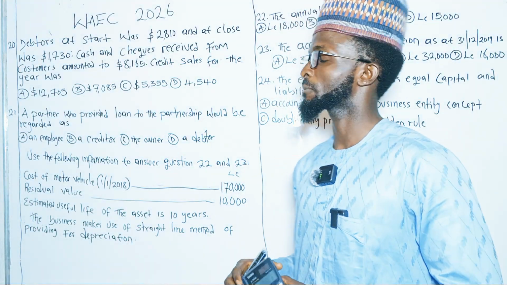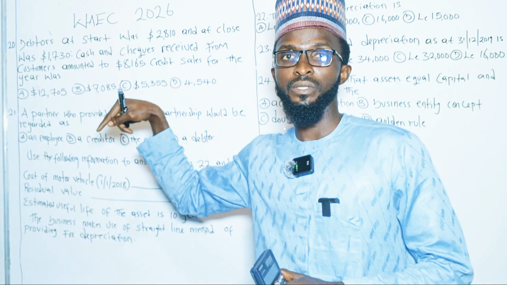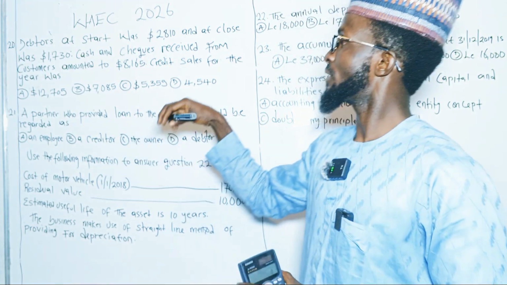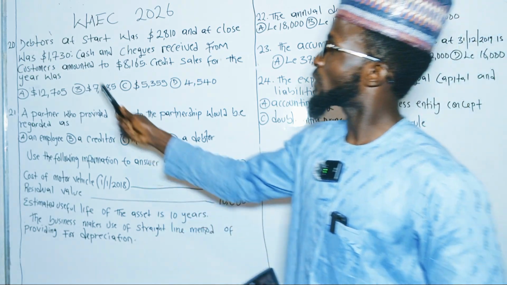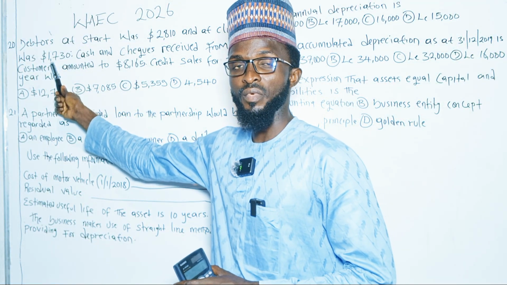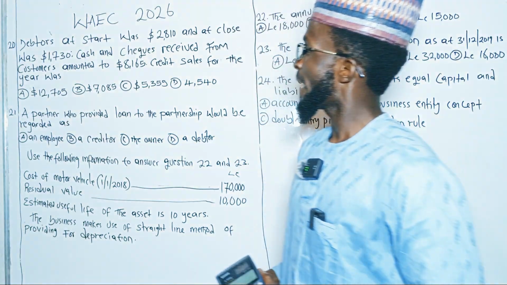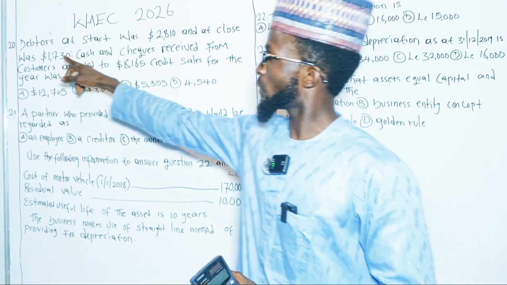Understand the question first. We have an opening balance of debtors, 2,810. We have the closing balance of debtors, 1,730.